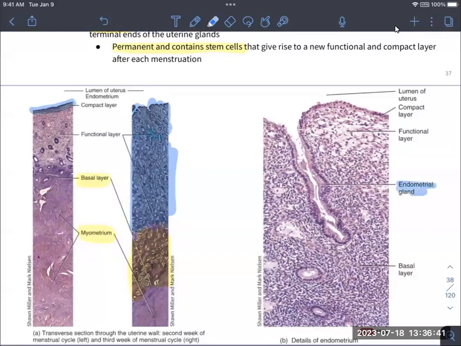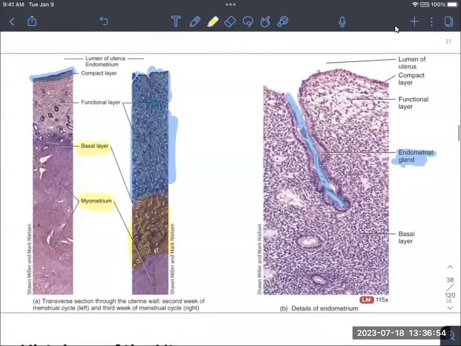Here we can see an endometrial gland that has developed. This kind of invagination of this tissue that comes down, and then we have those endometrial gland cells that are secreting out different substances.